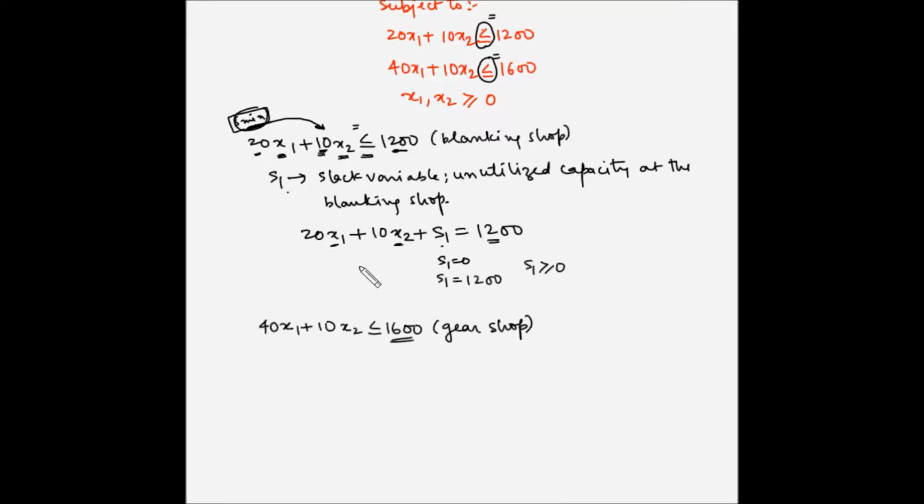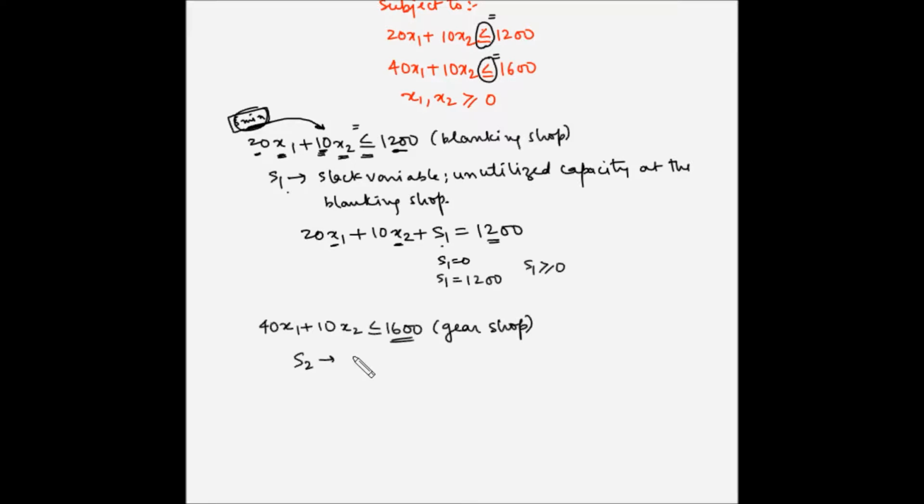So again, as we had seen for the first constraint, there is a possibility of unutilized capacity, which indicates this less than sign. So here let's introduce the slack variable S2.